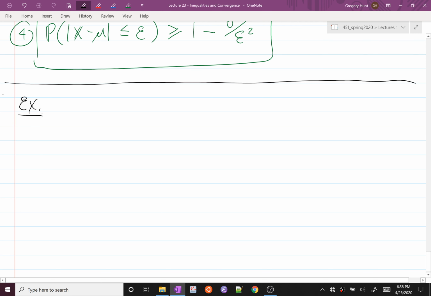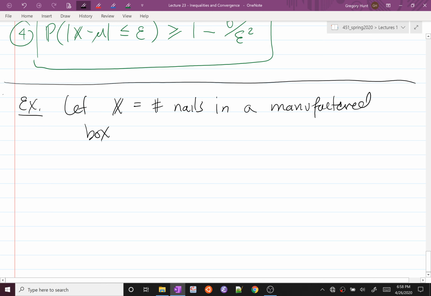Our example is that we're going to look at some manufacturing process. We're going to look at manufacturing nails, and x is going to be the number of nails in a manufactured box by some nail factory.